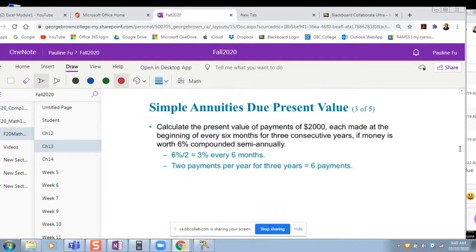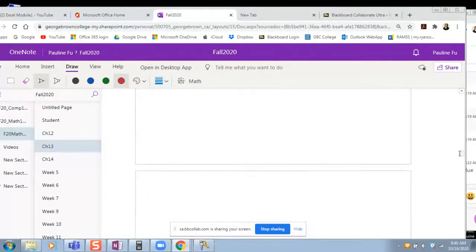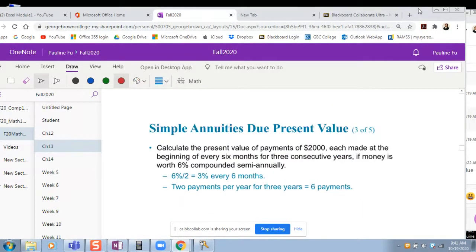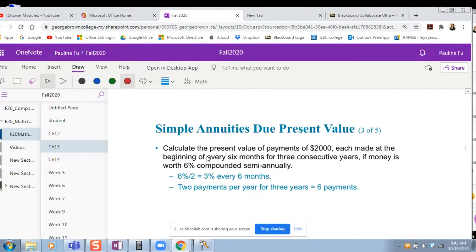So let's take a look at an example. Calculate the present value of payments of $2000 each made at the beginning of every 6 months, meaning P/Y equal to 2, for 3 consecutive years, if money is worth 6% compounded semi-annually.